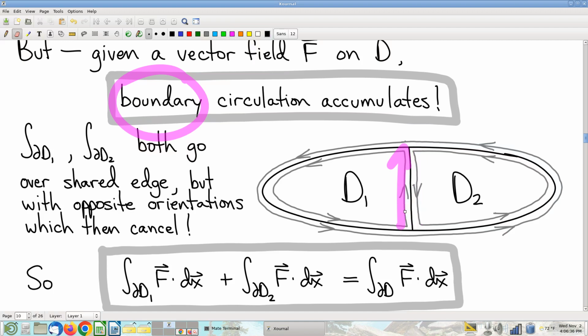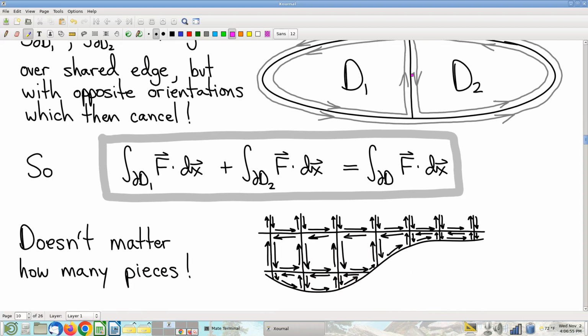And that's why it's important that it be circulations, line integrals, because they are oriented things and therefore have the opportunity to make such a convention. Okay, so boundary circulation is an accumulating quantity. And if you think about it, getting ahead of myself.